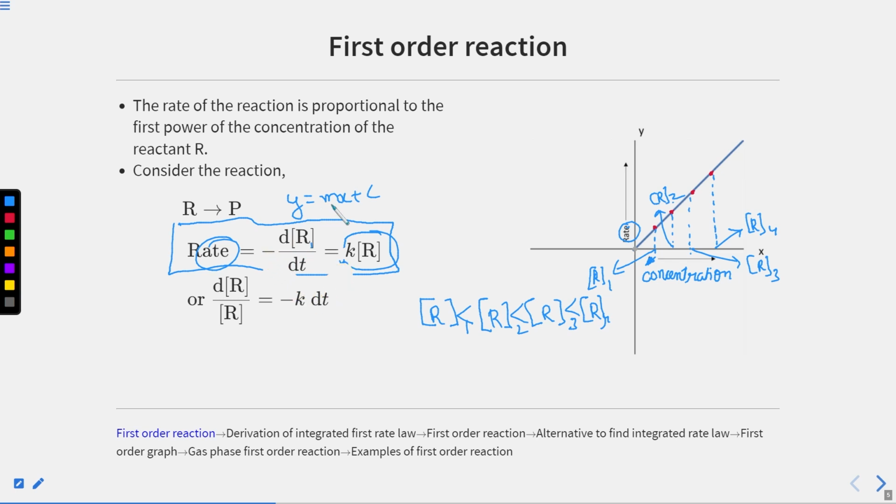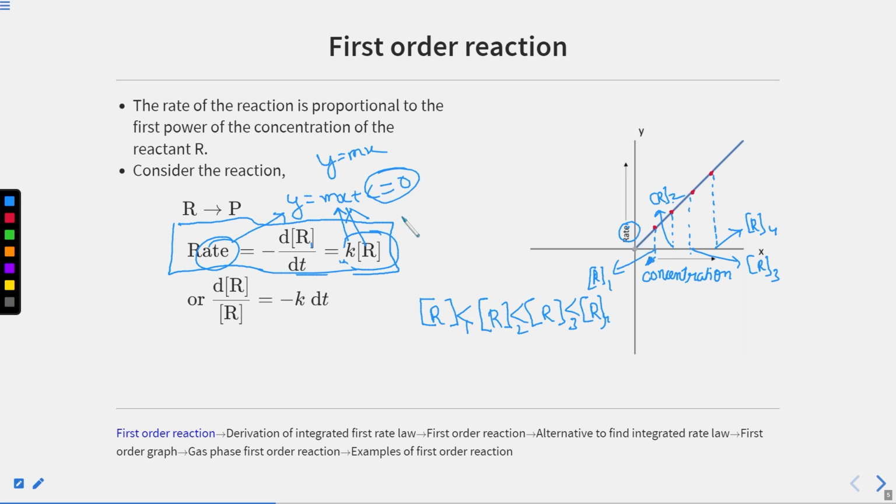Yes. So we have y = mx + c. Here y is the rate, k is the slope, x is our reactant concentration, and c is equal to 0. So we will get y = mx. Therefore, since the intercept is 0, the graph starts from the origin.